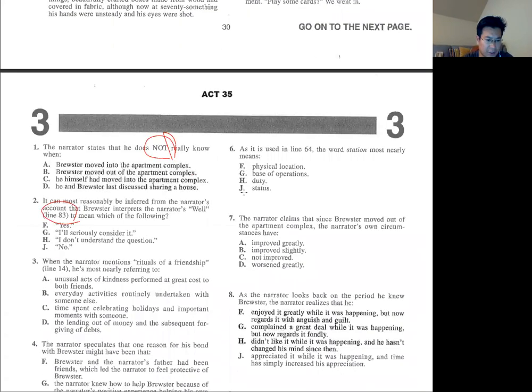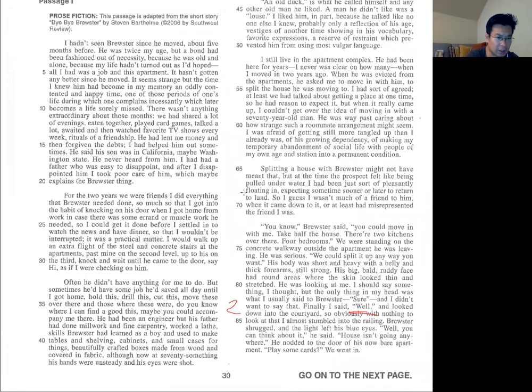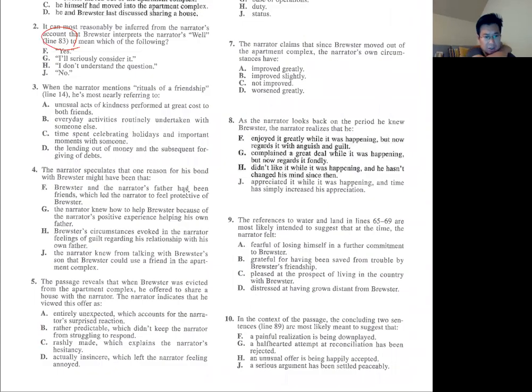And then number three, line 14, rituals of friendship. So go to line 14, and it says rituals of friendship. And this is number 3. Then go to number 4, it says the narrator speculates on one reason for the bond, so his bond with this Brewster.